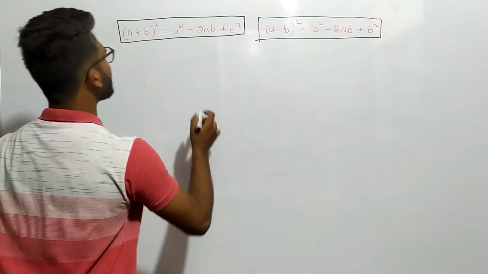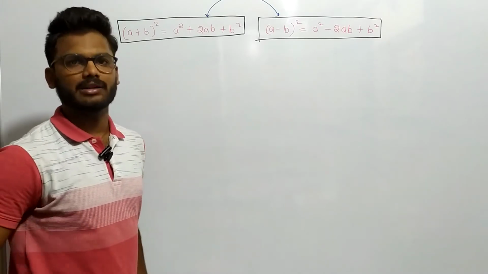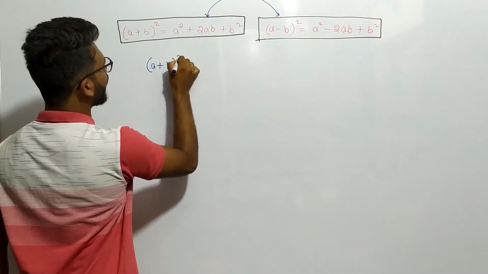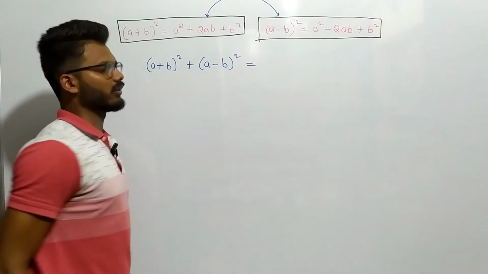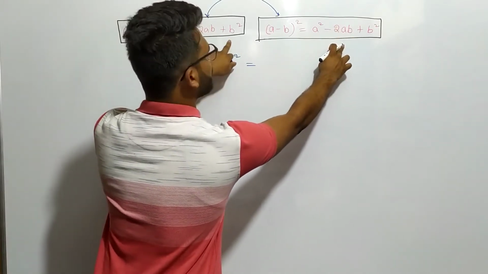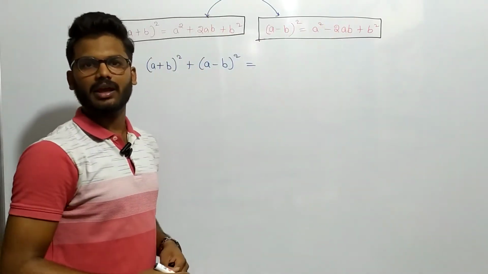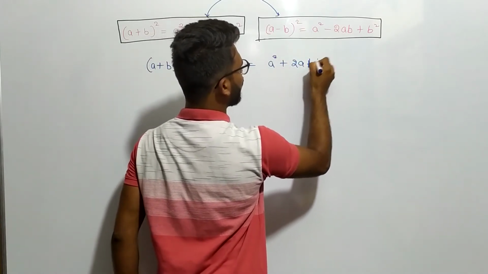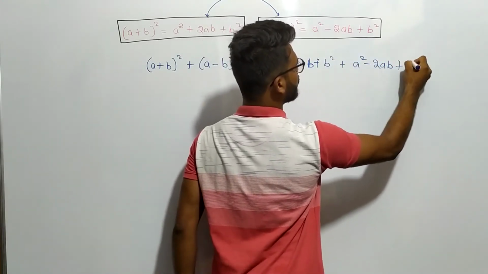First formula, adding these 2: (a plus b) whole square plus (a minus b) whole square will give you what? We have to add a square plus 2ab plus b square, plus a square minus 2ab plus b square.